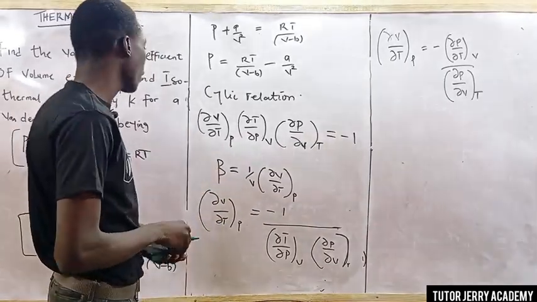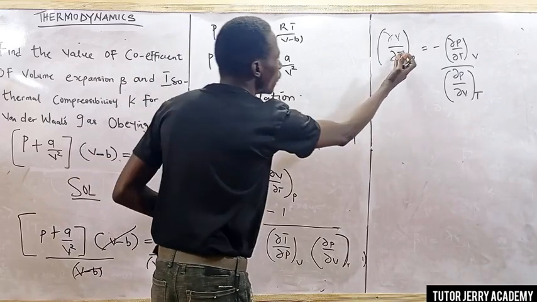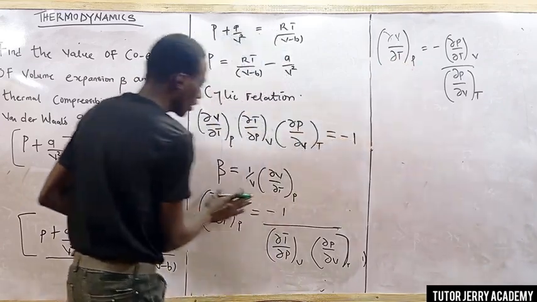Next, we substitute the value of the partial of V over T, keeping P constant, in this equation.